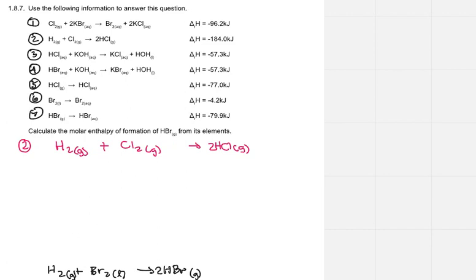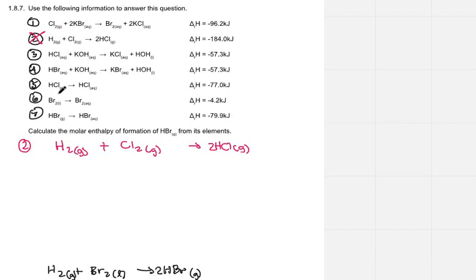Next we want bromine. Oh, another thing I'm going to do, now that we've used reaction 2, I'm just going to cross it off because we don't want to touch that one again. If we do, we'll mess up our hydrogen. So everything else that we do from now on, we want to do without invoking reaction 2 anymore. We need liquid bromine on the left, and that's aqueous, that's no good. No, no, no, no, yes.